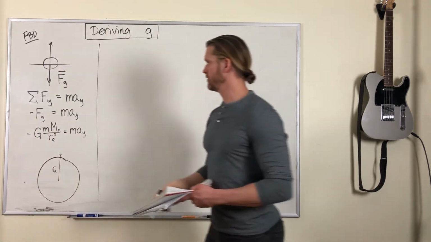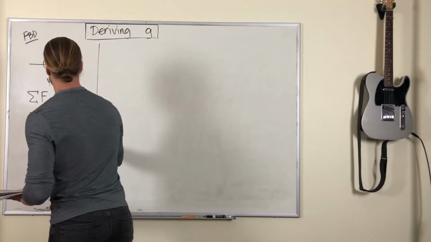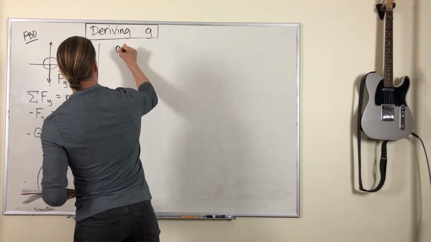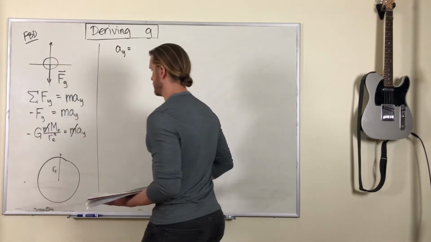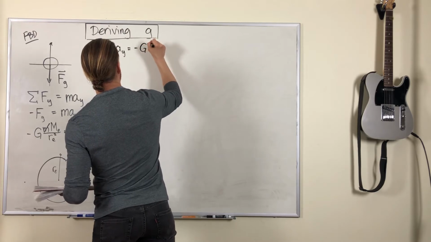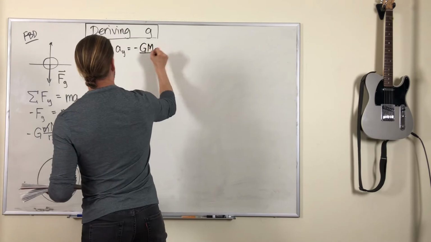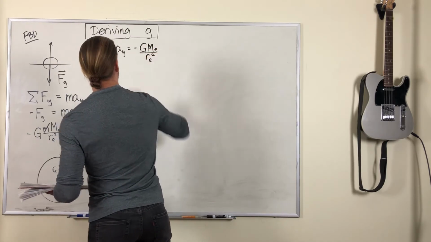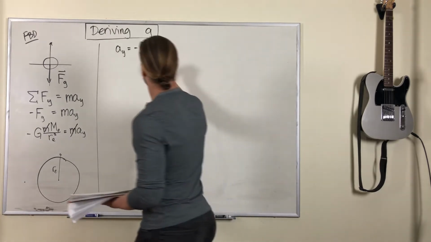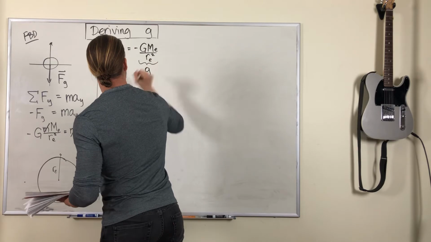Okay, let's do a quick step of algebra and cancel out those little m's, and we see that a equals minus big G times mass of Earth divided by radius of Earth squared, and I'm going to call this quantity g.